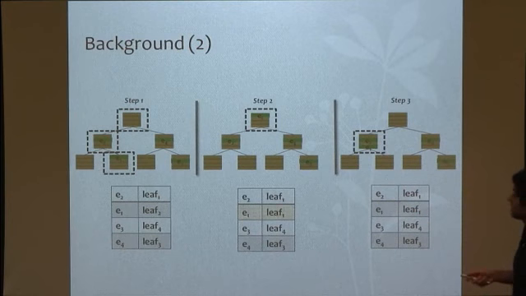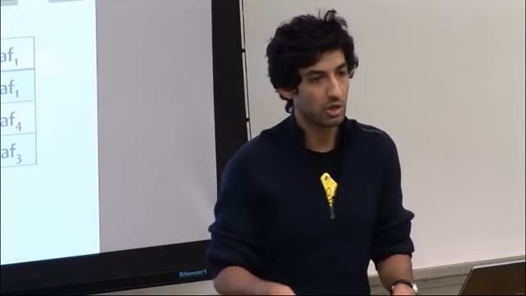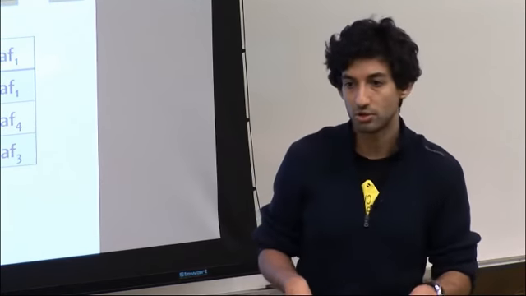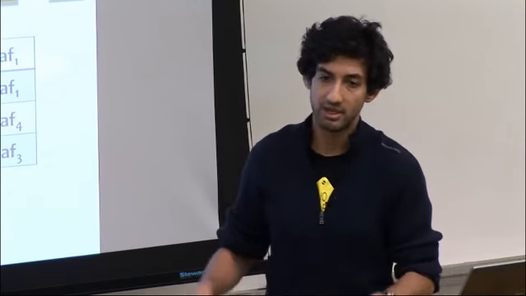But to stay oblivious, you should always write on the left and the right child every time you are accessing a node. So the adversary will not know which leaf it is associated to. And since the evictions are random, you are selecting nodes randomly at every level, he will not know which leaf is associated to that element. Basically, every access is associated to an eviction. Eviction is just a constant factor, so it will not modify the O notation, okay?